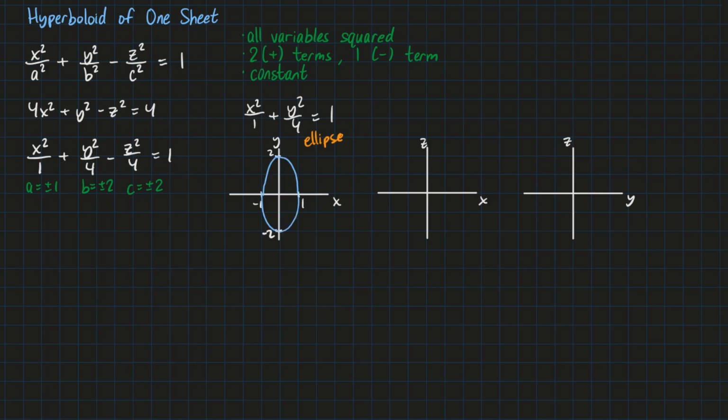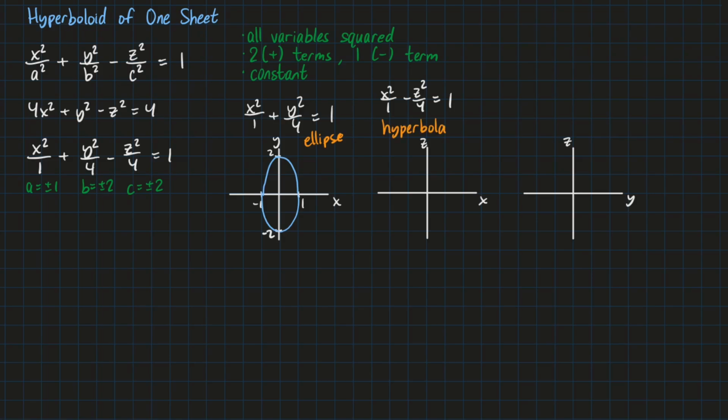Now let's cover up the y, and we're left with the x and z terms, and we have x squared over 1 minus z squared over 4 equals 1. If you remember, this is an equation of a hyperbola.